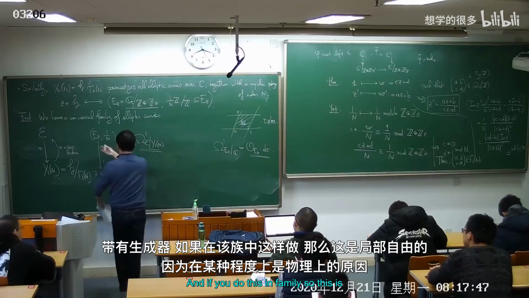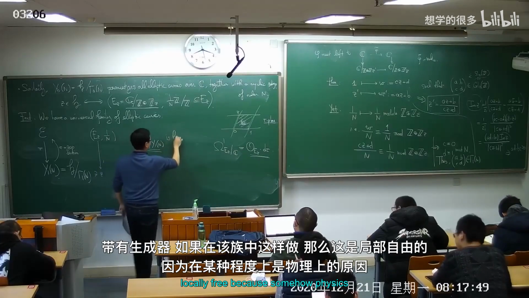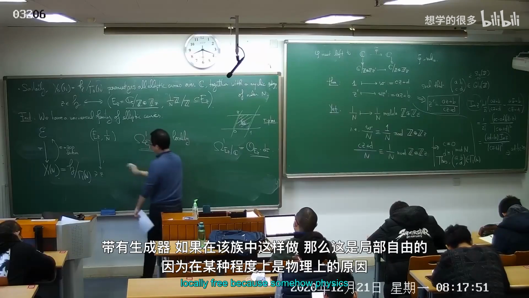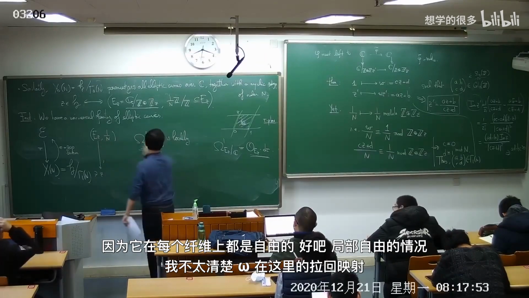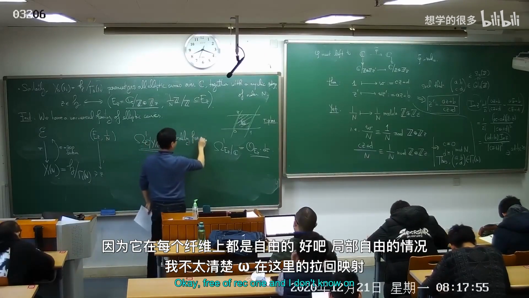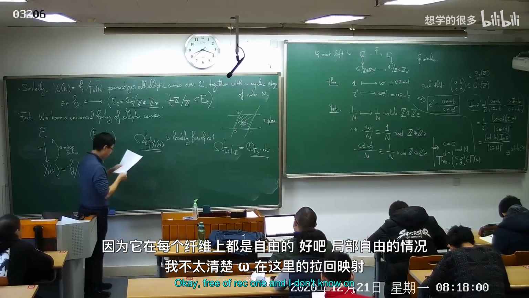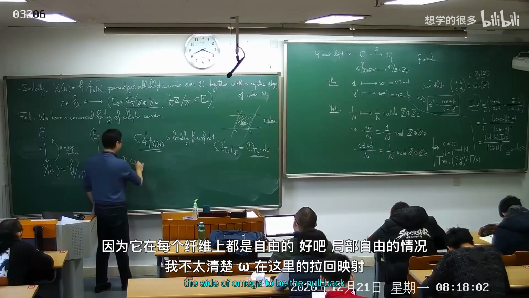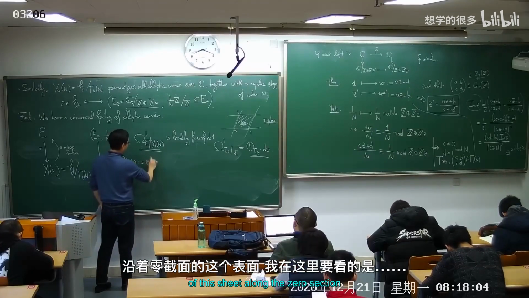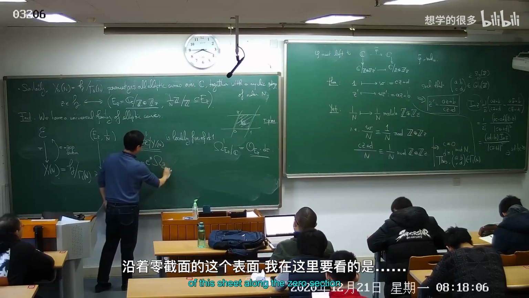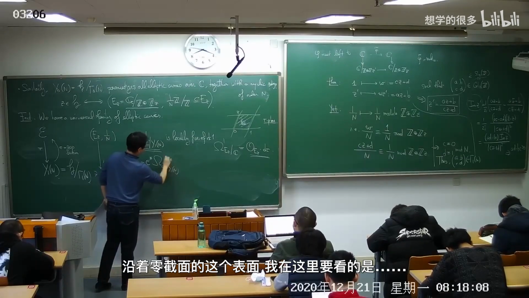And if you do this in family, this is locally free, because it's free on each of the fibers. Locally free of rank 1. And I want to set omega to be the pullback of this sheet along the 0 section.